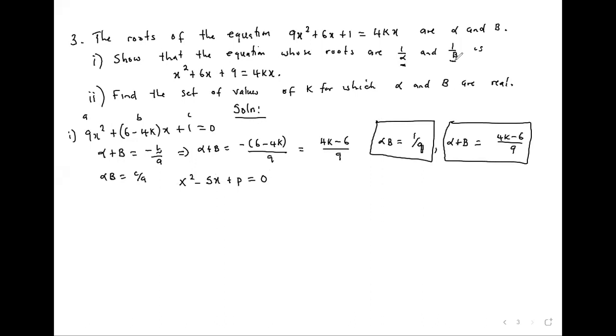I want to show that the equation whose roots, meaning the sum is going to be given by 1 over alpha plus 1 over beta, the product by 1 over alpha and 1 over beta. This is 1 over alpha beta. For this one, it's not difficult. Alpha beta is known, so it is just 1 over 1 over 9, which is the same as 9.